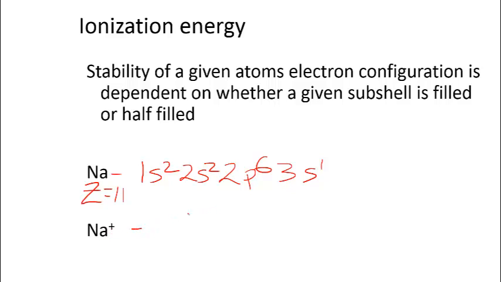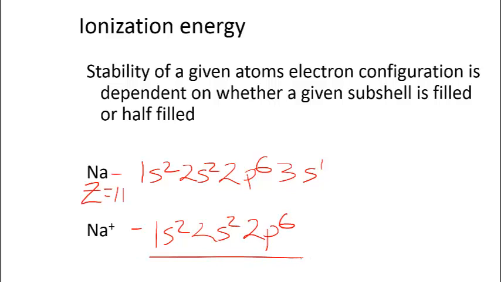If sodium were to form a cation by losing its electron in its outer 3s subshell, its electron configuration would now be 1s2, 2s2, 2p6. So sodium's cation electron configuration is identical to that of neon.